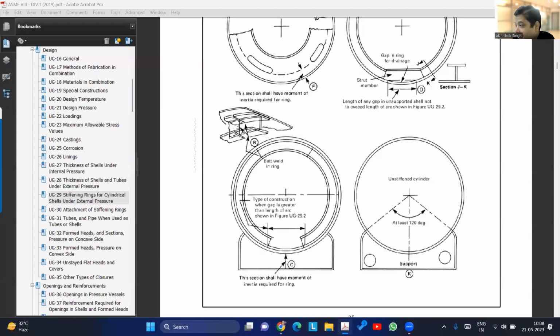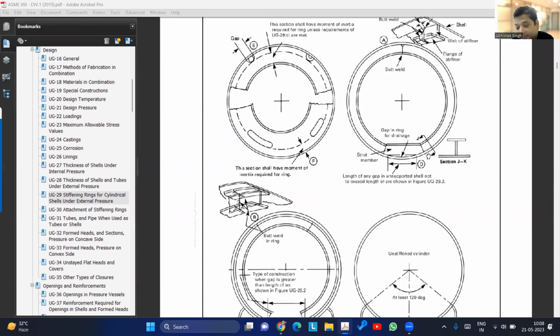Okay, let me see. Sumit is there. Sumit, you want to unmute and speak? Hello, good morning, sir. Good morning. Sir, this second figure on the right, there is gap in ring for drainage.